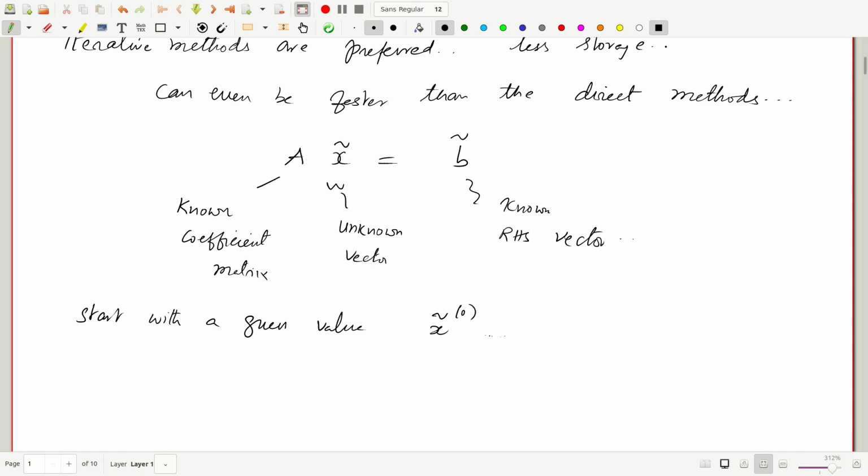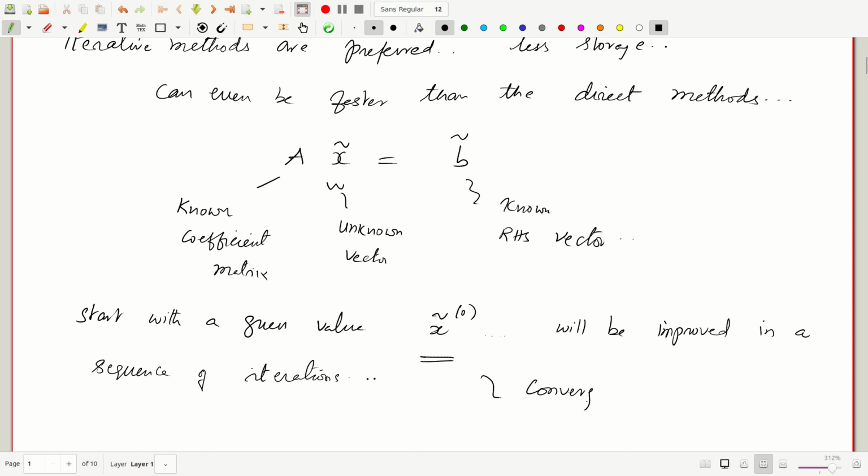Okay, and then this guess value will be improved in a sequence of iterations so as to drive this unknown towards a converged solution.